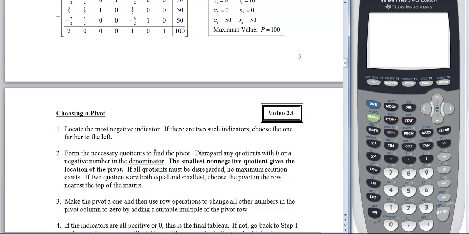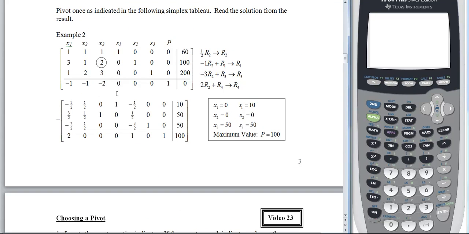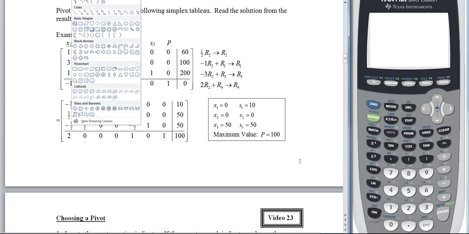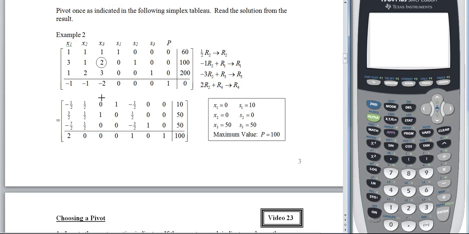Now quotients, what that refers to, like in the previous one, this is my most negative right here. So normally what we do is we put an arrow indicating the most negative. Okay. And our necessary quotients, what that means is I come right here and I'm going to do 60 divided by 1.